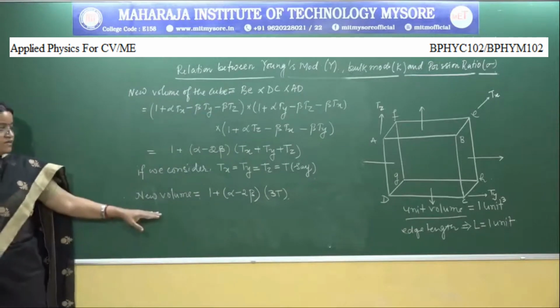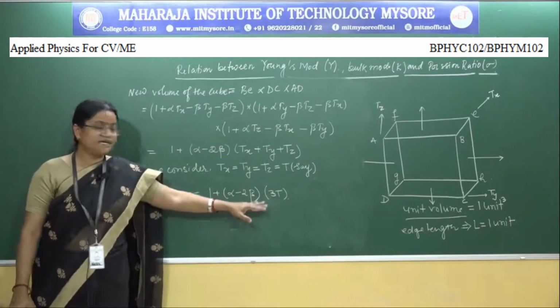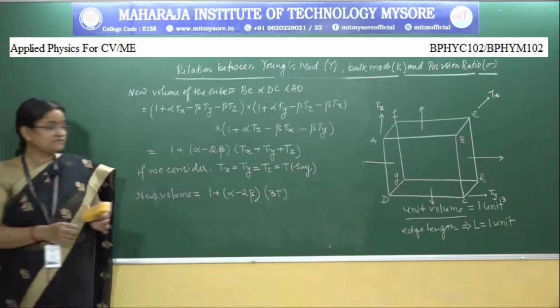So, our new volume is 1 plus alpha minus 2 beta into 3T.